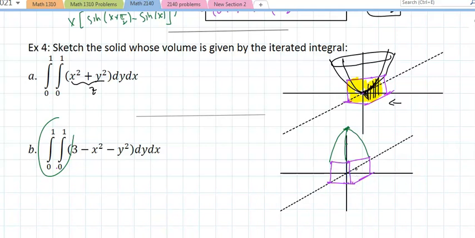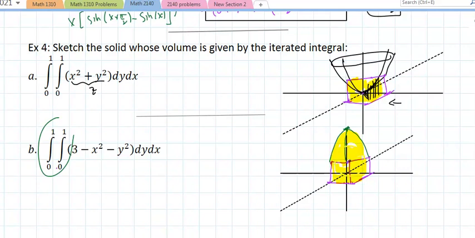So it's coming down. The top is really circular, but the bottom is really flat, and you're looking pretty much only in the first octant, and there it is.